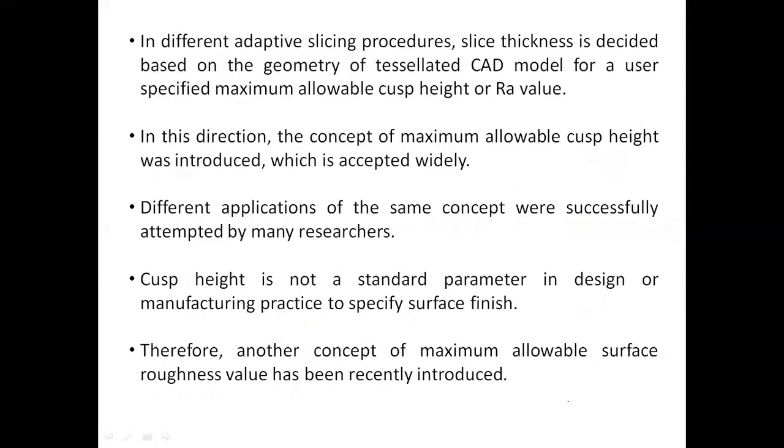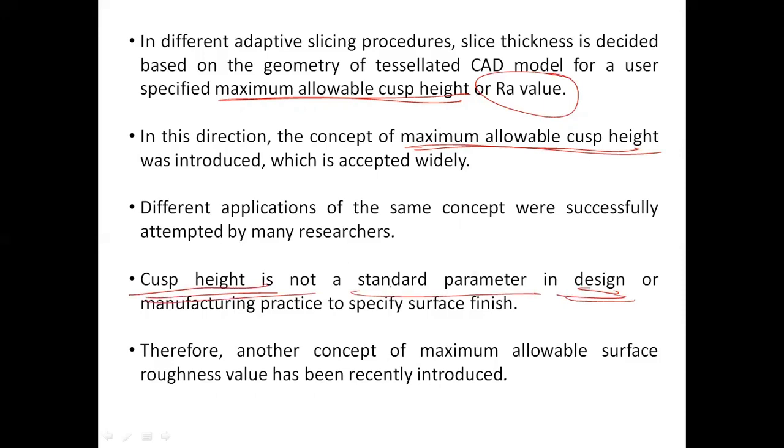Now the cusp height concept came out during this same time, because the maximum allowable cusp height that was defined was considered equivalent to the surface roughness value. But please remember, for design or manufacturing, cusp height is not a standard parameter.